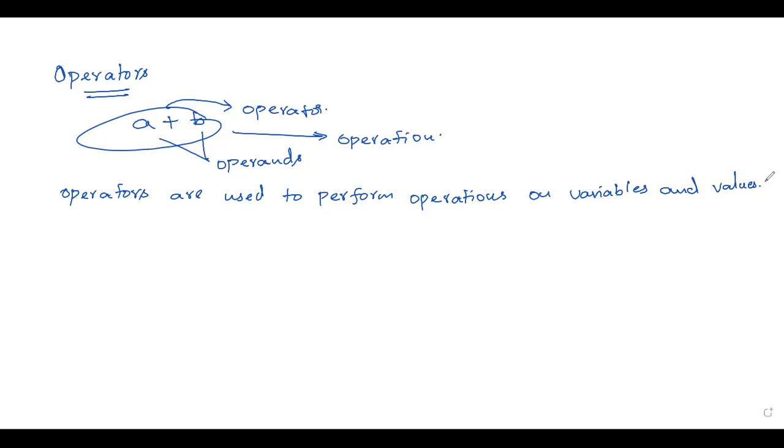Here plus is the operator which performs addition, like 2 plus 3. Plus is the addition operator which adds the two operands, 2 and 3, and we get the output as 5.